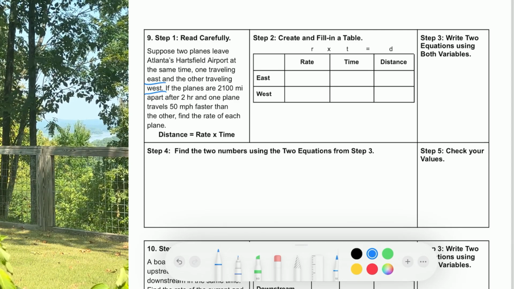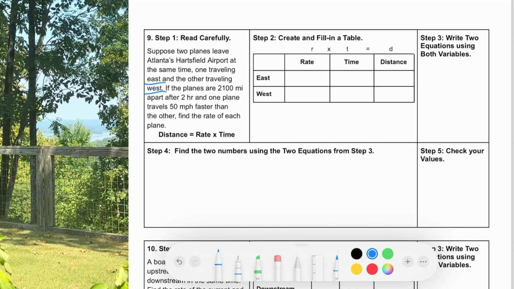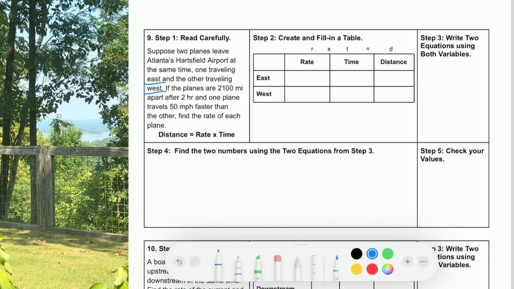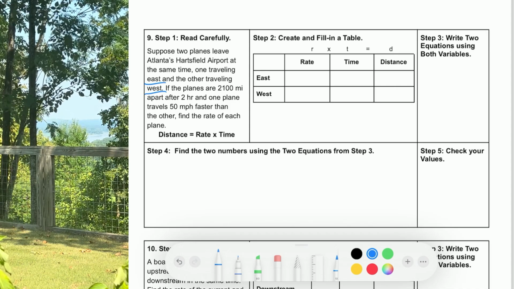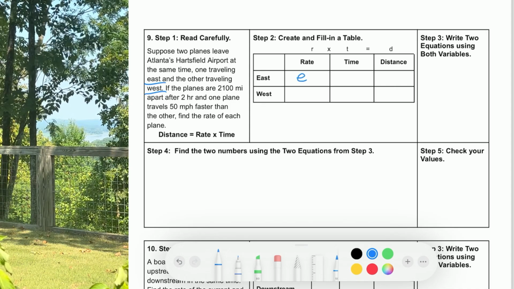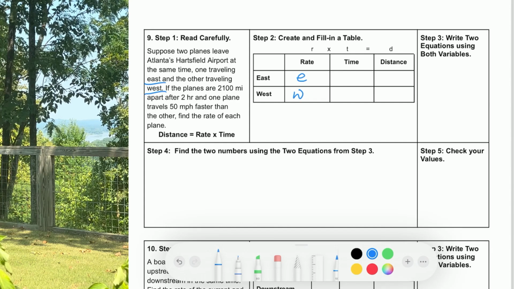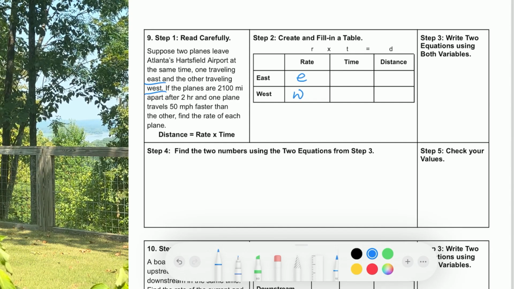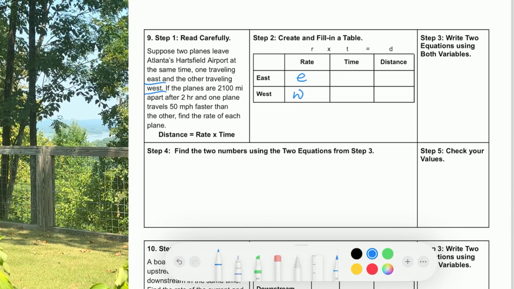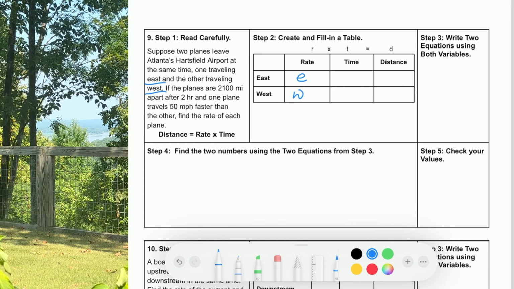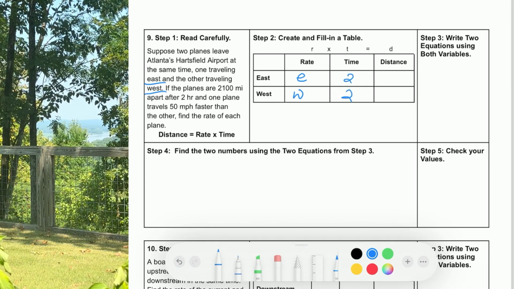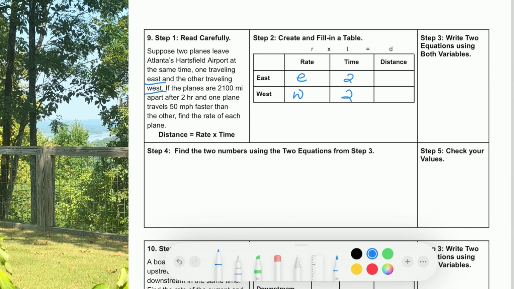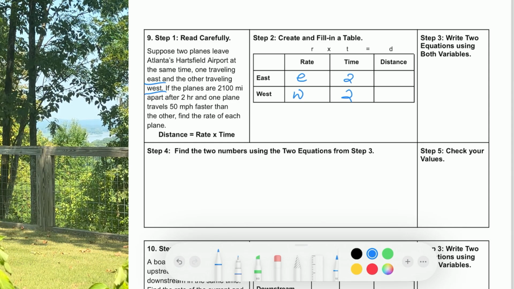All right, so I've already labeled that we have east and west is what we're dealing with. So for my variables, I'm going to use the letters E and W. The time that they give us is the same for each one. It says they both traveled 2 hours. So I'm going to put 2 here and 2 here. Now remember, the way we get our distance is rate times time.